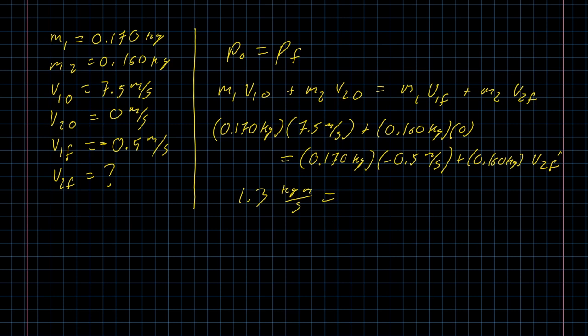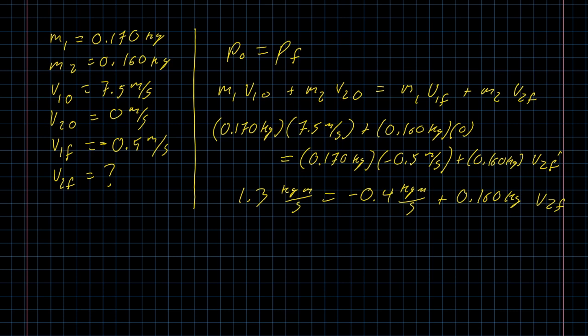On the right-hand side, we're going to have, I guess we really only have one significant figure here, negative 0.4 kilogram meter per second plus 0.160 kilograms times V2F. Right.